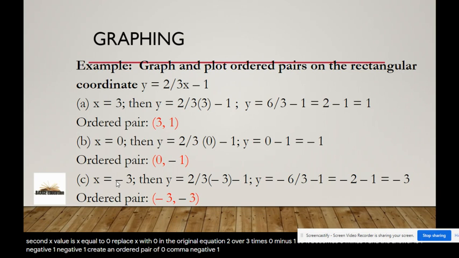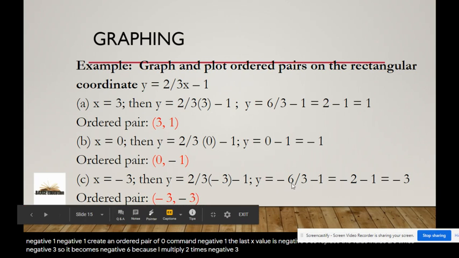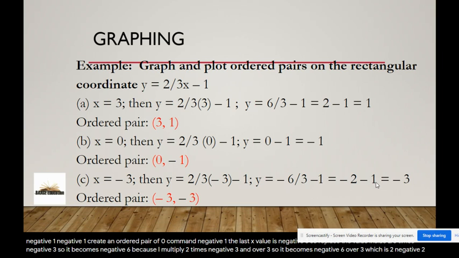The last x value is negative 3. So replace the value inside: 2 over 3 times negative 3. It becomes negative 6 over 3, because I multiplied 2 times negative 3, which is negative 2, minus 1.